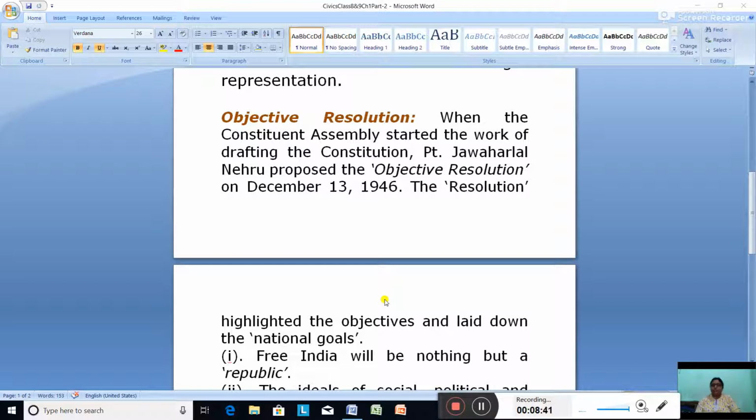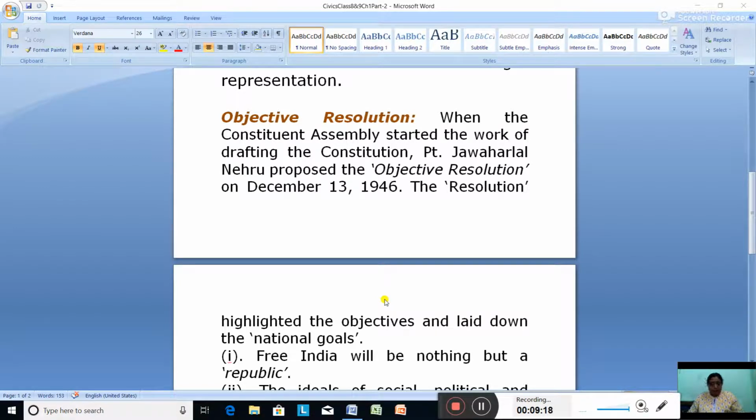Single citizenship, single judiciary, and uniformity in fundamental laws to integrate Indian society. And the last is incorporating directive principles to ensure social and economic democracy and welfare of the people of India. These are the principles incorporated in our constitution.